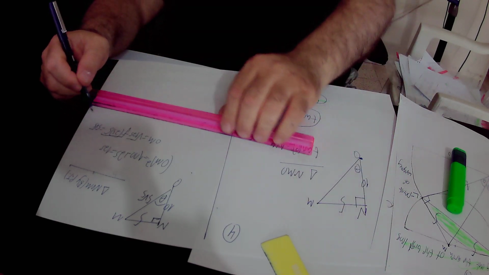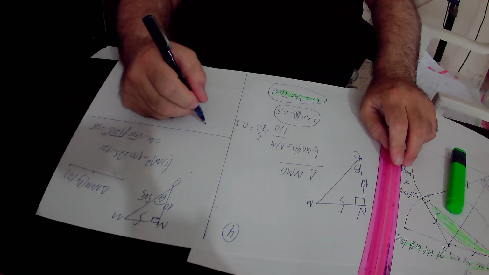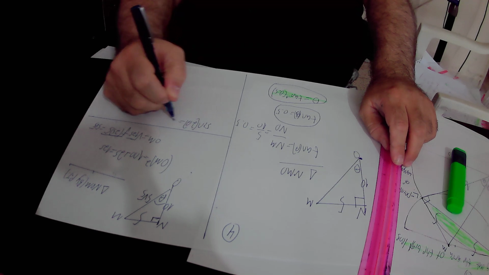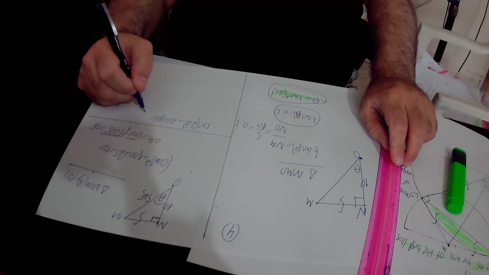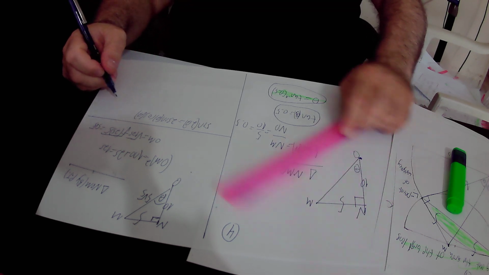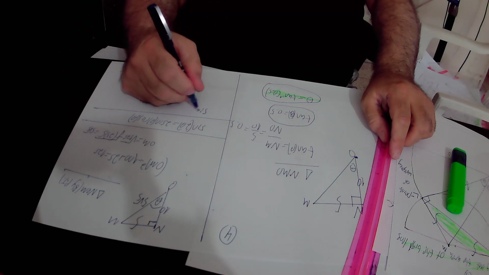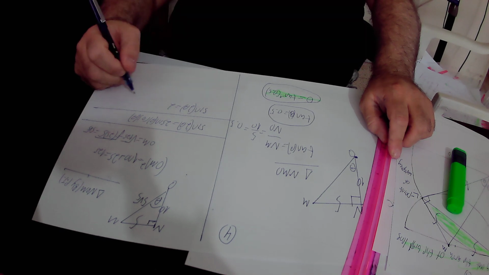Now our mission is to find out the value of sine 2 theta, and we have the trigonometric identity that sine 2 theta equals 2 sine theta cosine theta. So here sine 2 theta equals 2 times sine theta.